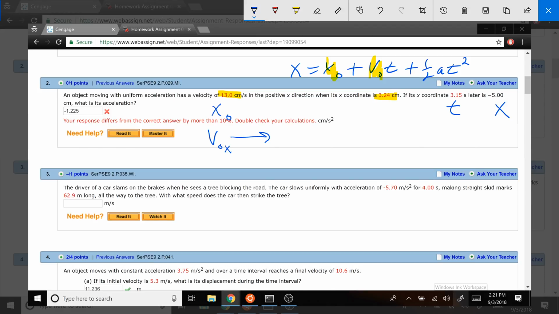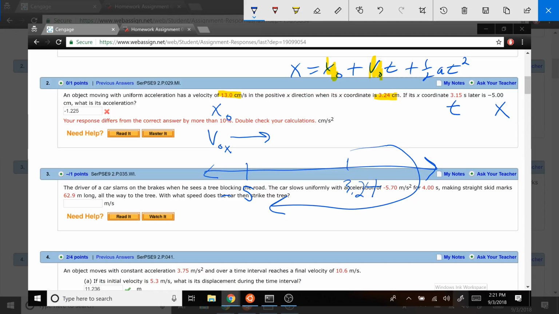Alright, so if we draw a number line for it, its initial position was about 3.24. Its final position is -5. But its initial velocity was this way. So somehow it's going to turn around.